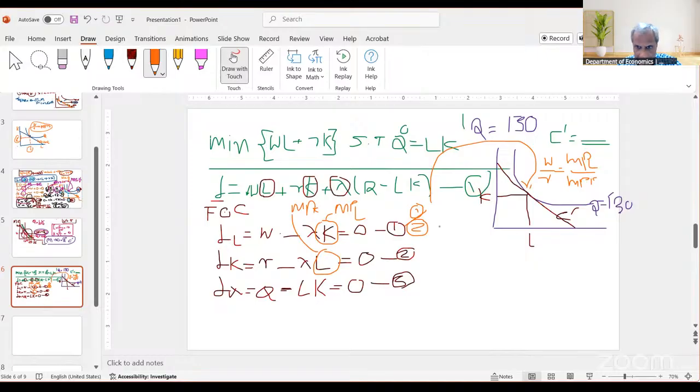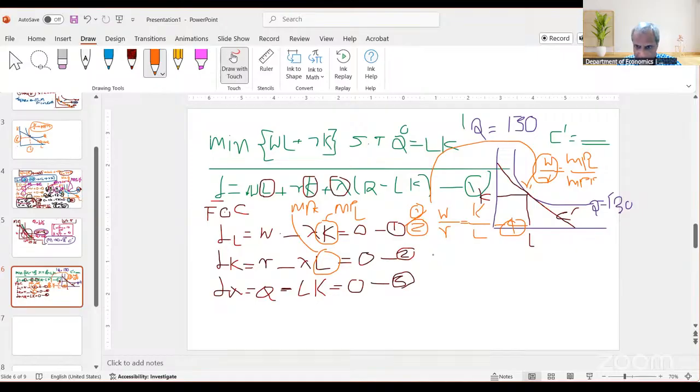So you can see here the W divided by R, that is the first part here, equal, here K is the marginal product of labor, L is the marginal product of capital. You get the equation number 4.